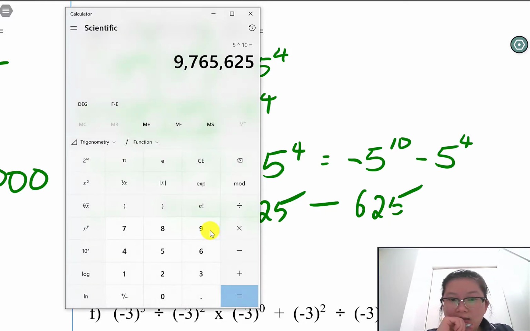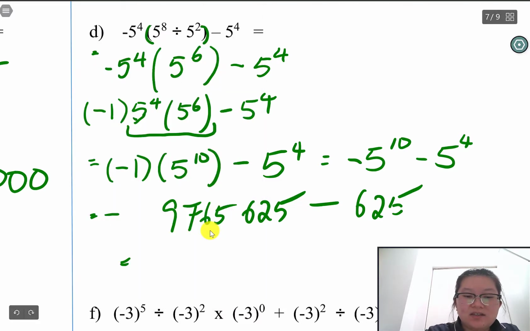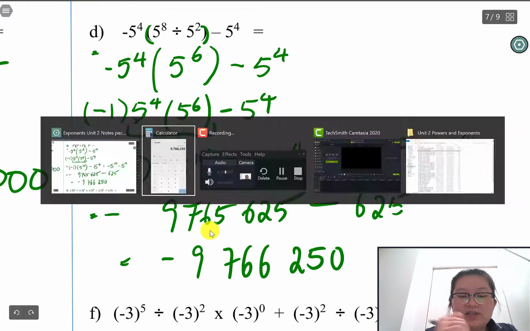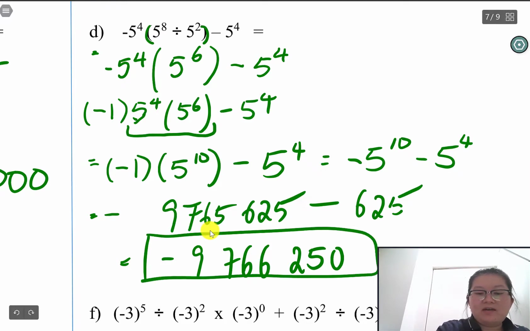Let's see. So what I'm going to do is, since both numbers are going to be negative, I'm going to add 625. Gives me negative 9,766,250 at the end. And there you go. There's our answer. Okay.